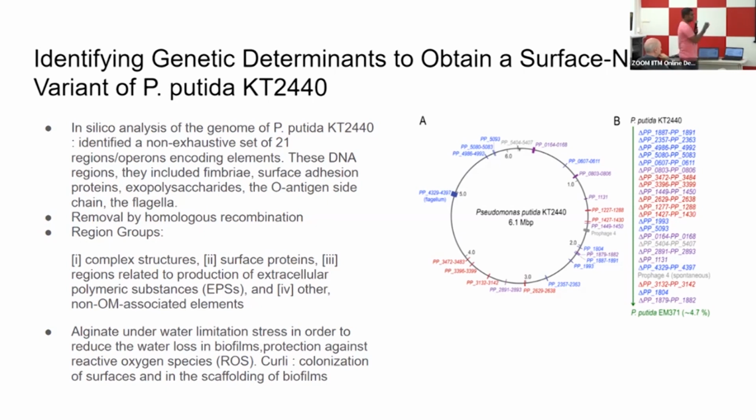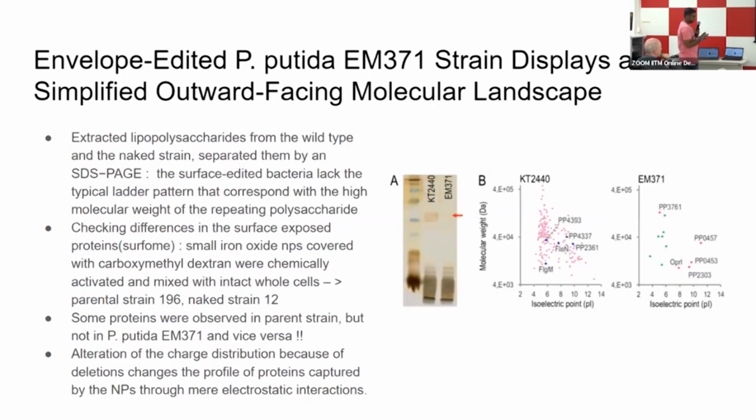There was another type, curli, which are fibrous elements present on the surface of the bacteria. So alginate and curli are some of the examples present on the surface. They were trying to focus on that so they could make it immobilize.